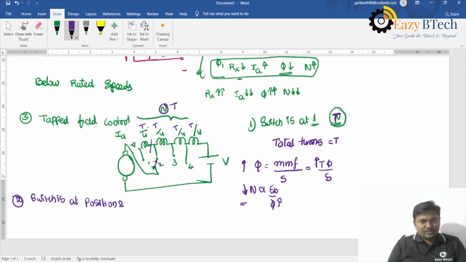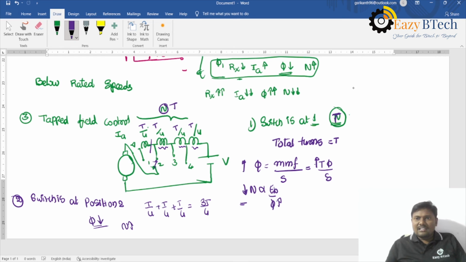The total number of turns included is t by 4 plus t by 4 plus t by 4, which equals 3t divided by 4. Then the flux will decrease because the number of turns decreases, and the speed will increase.